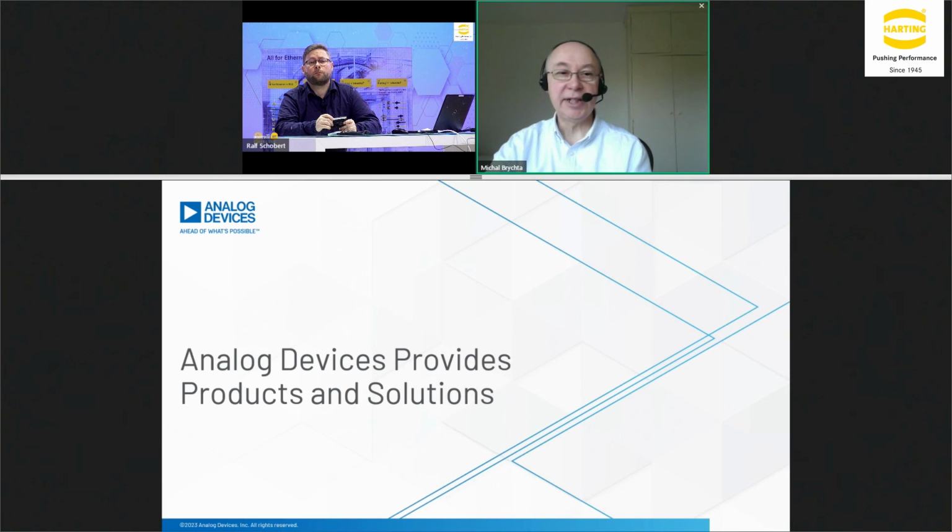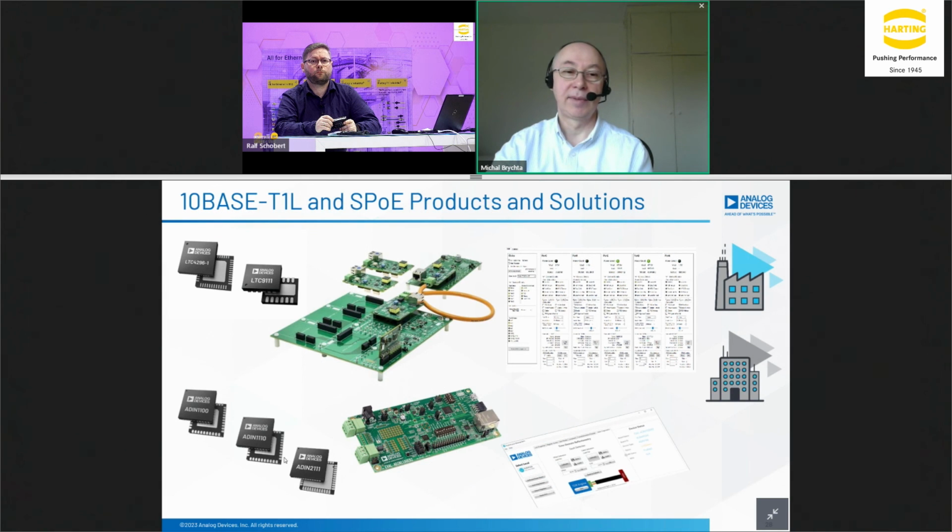So that leads me to the conclusion. On our devices, we provide products and solutions for single pair Ethernet, and those solutions include 10BASE-T1L. We have PHY, we have MAC-PHY with a small level of integration.